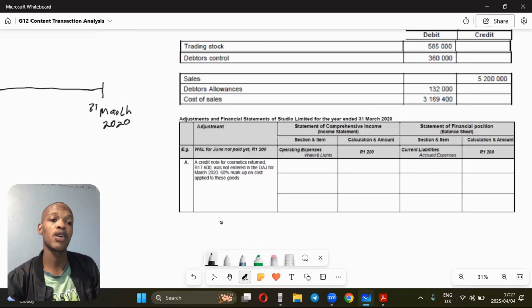Which are those accounts? Sales, because we were selling. Whenever sales is affected, cost of sales doesn't get left behind. Sales goes alongside debtors control because we sold on credit.